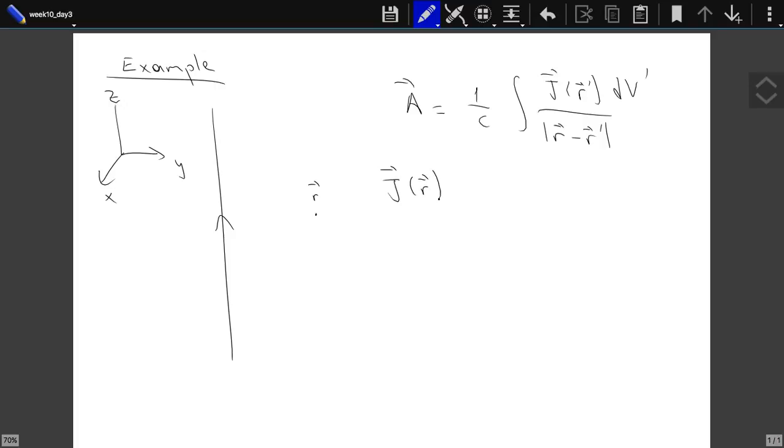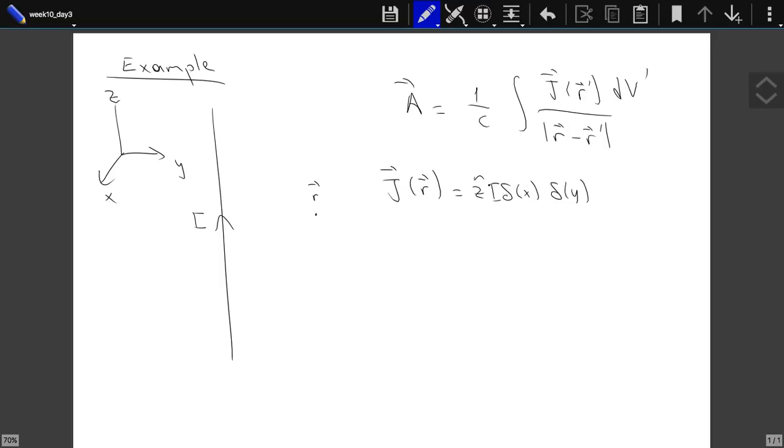J, the vector current density, is in the z direction. It is non-zero only at x and y equal to 0, so there should be a Dirac delta of x and a Dirac delta of y. Let's say it will be I times delta(x) delta(y).